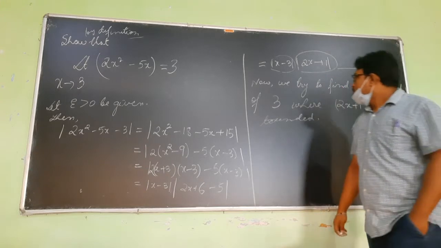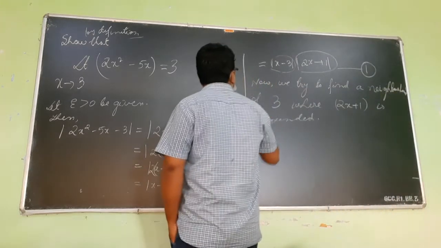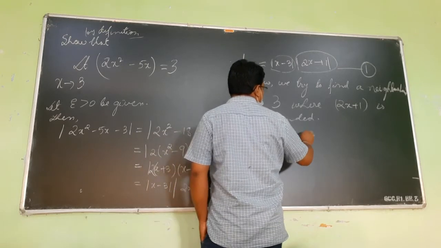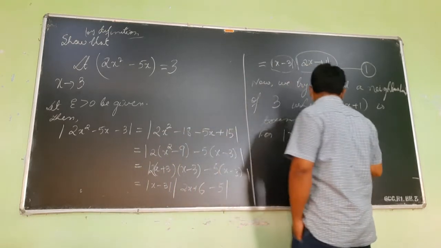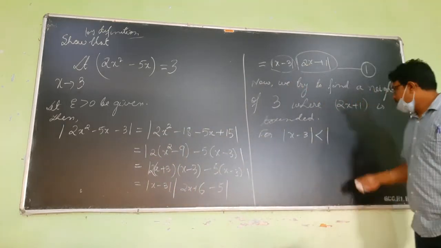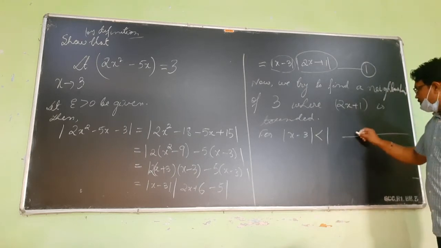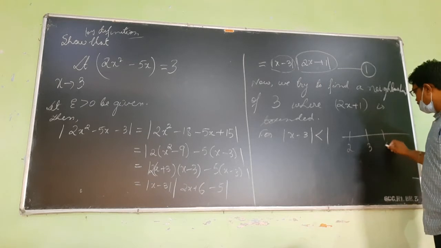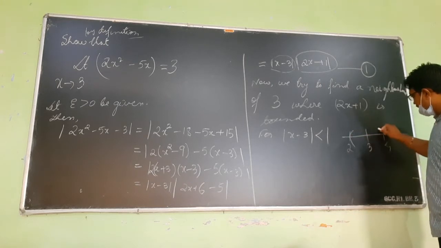So how will you try? Let us try it with this: mod of x minus 3 less than 1. Suppose we start with this. I am considering this interval.